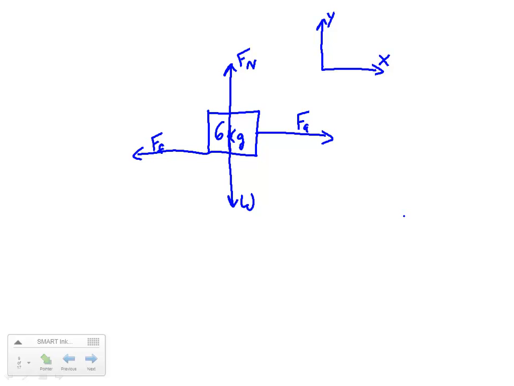Label each arrow with number and sign. I don't know the applied force. I know the weight is mass times acceleration due to gravity. The mass is 6 kilograms and acceleration due to gravity is 9.81 meters per second squared.